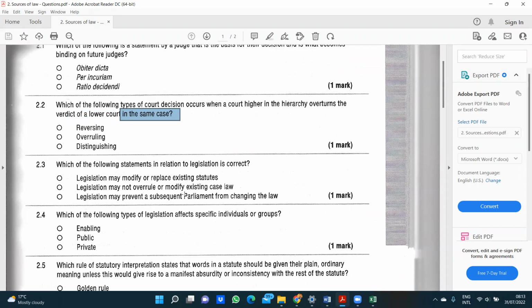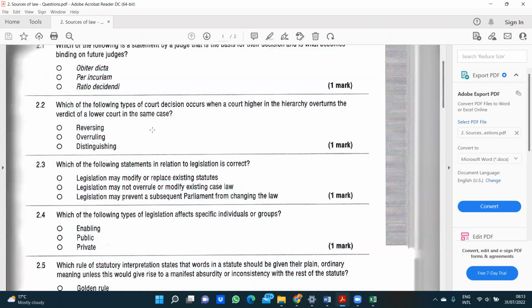the ruling of the case, but it takes it into consideration so that further cases do not take the same decision as the previous court's decision. But reversing is the overturning of a decision in the same case.